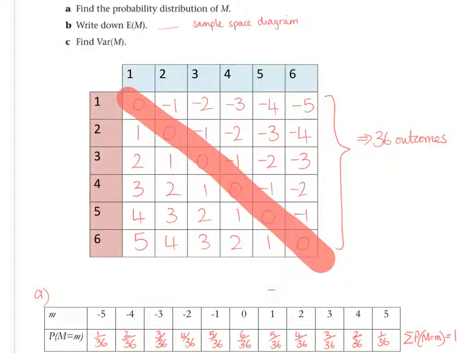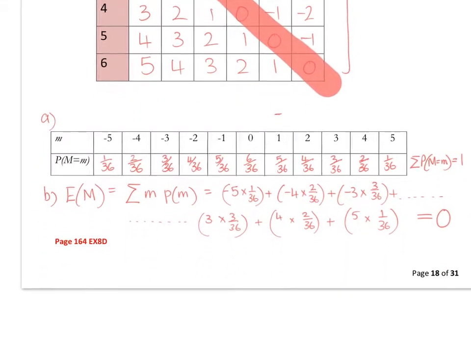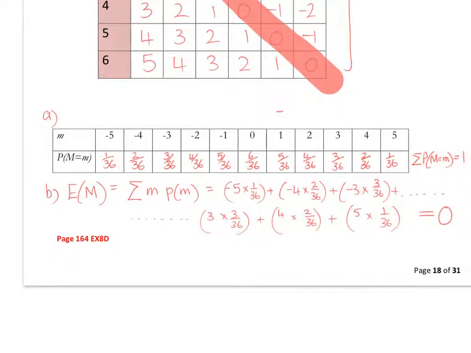So rather than working things out, you can actually look at the distribution and say by symmetry the expected value is 0 from this one. So by symmetry, E of M is actually equal to 0. So just bear that in mind when you do some of the calculations.